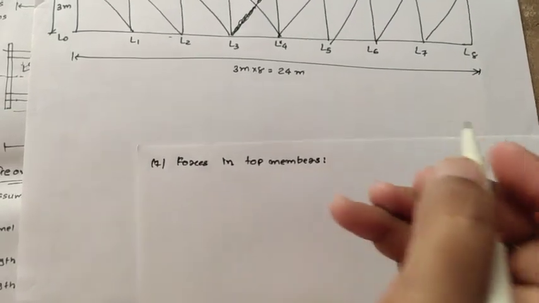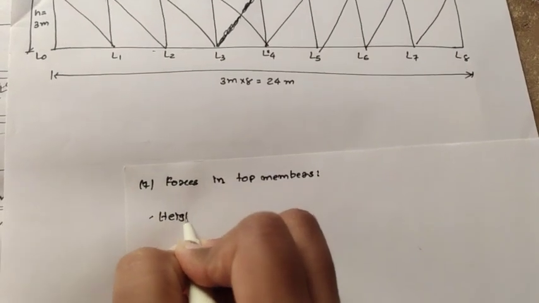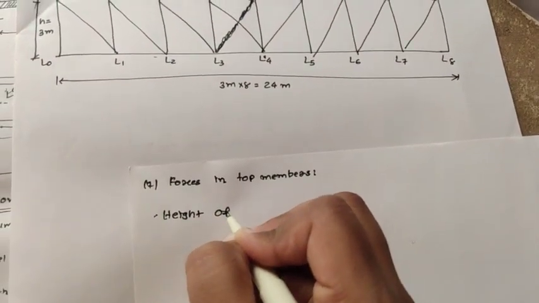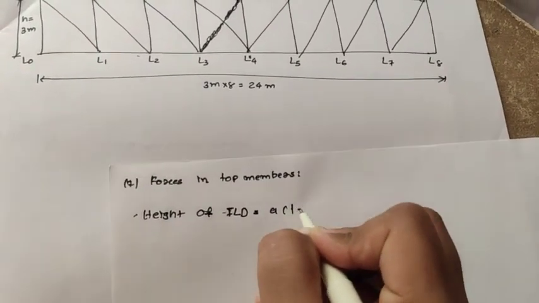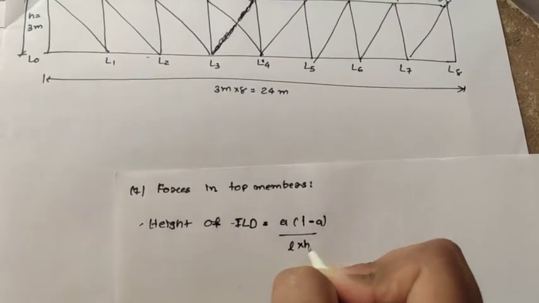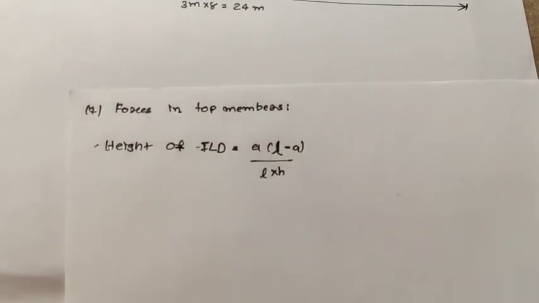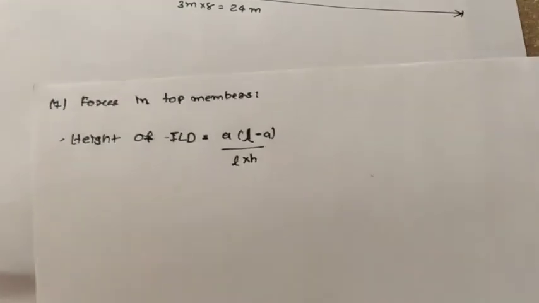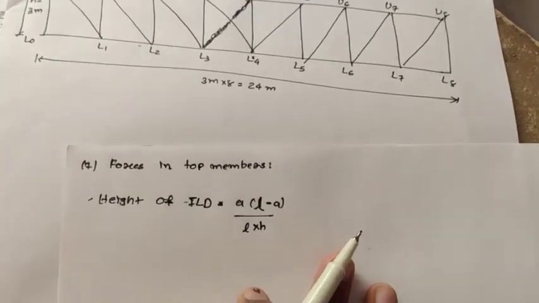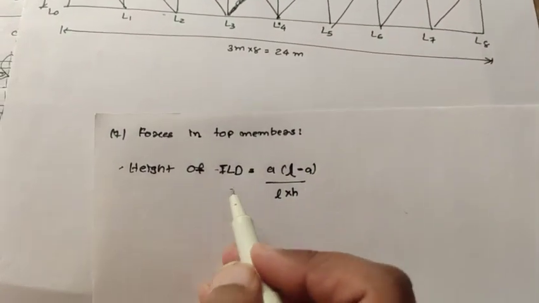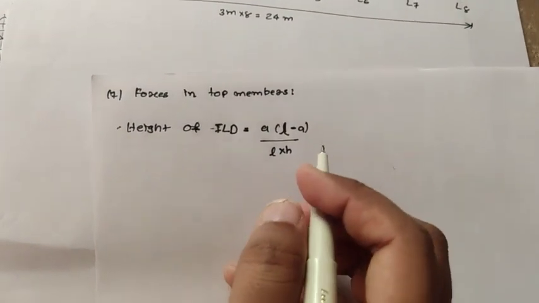Here one equation is given, which means height of ILD is equal to A in bracket L minus A, divided by L, multiplied by H. ILD means influence line diagram, as you studied previously in another semester. The height of the influence line diagram equation is A in bracket L minus A divided by L multiplied by H.